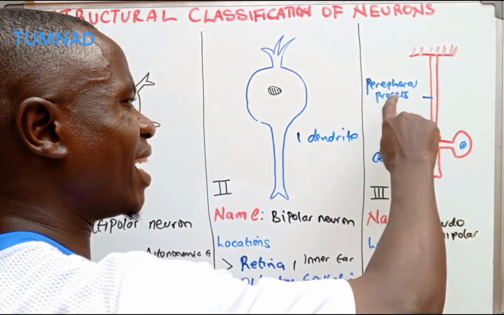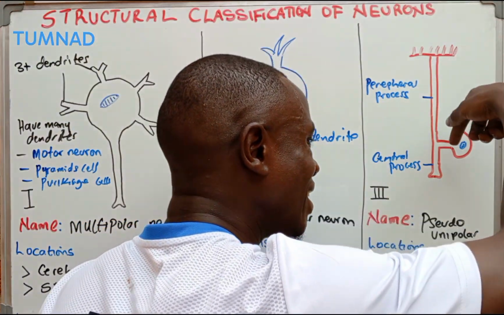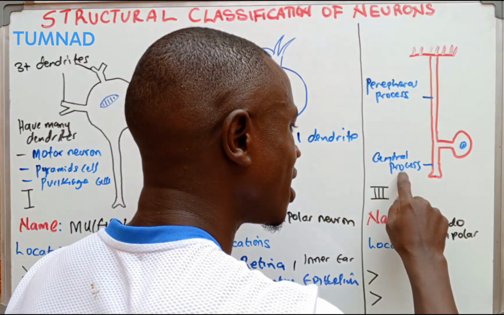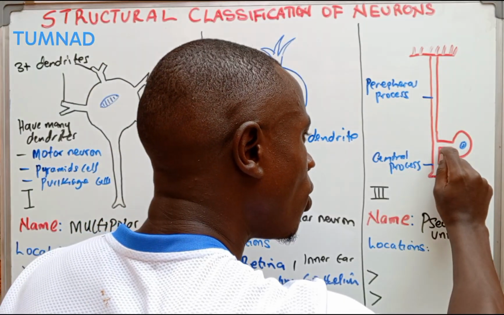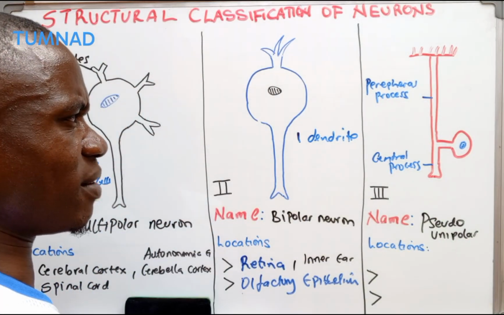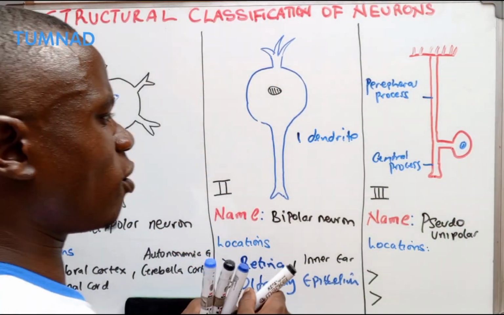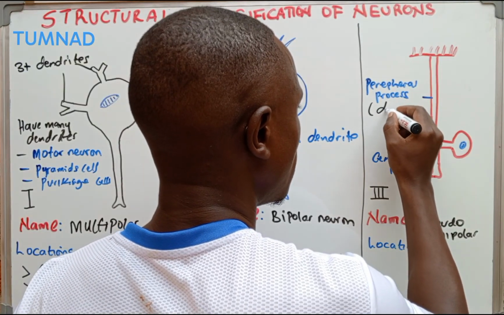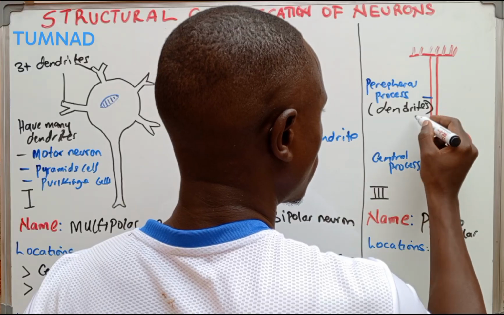Now, you realize that it is the peripheral process that picks up the sensations and feeds them toward the central nervous system. And it is the central process that picks up this information immediately after the cell body and feeds it into the central nervous system. For that reason, these peripheral processes serve the role of the dendrites.